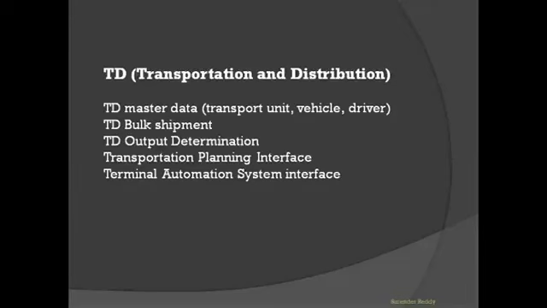Master data view: one view is there, the compatibility view. In that view, we need to specify the customer and the vehicle compatibility. The second compatibility is compartment and product compatibility. In certain or specific compartments, we need to load certain products only.